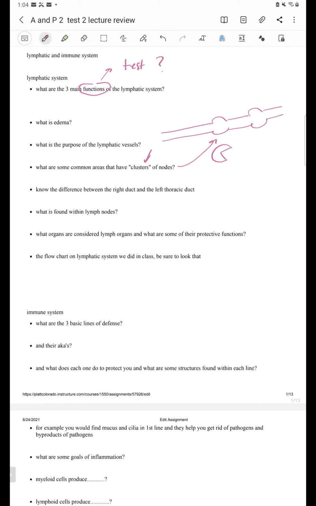So that's one of the three functions of the lymphatic system, defense. Common areas of clusters: the cervical, axillary, inguinal.